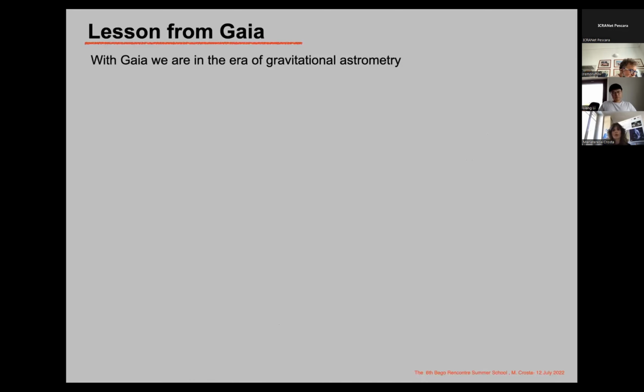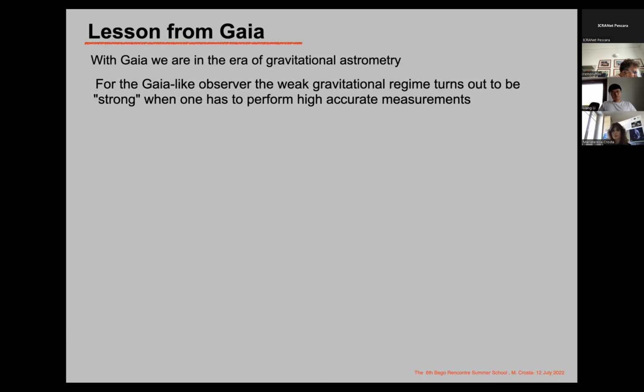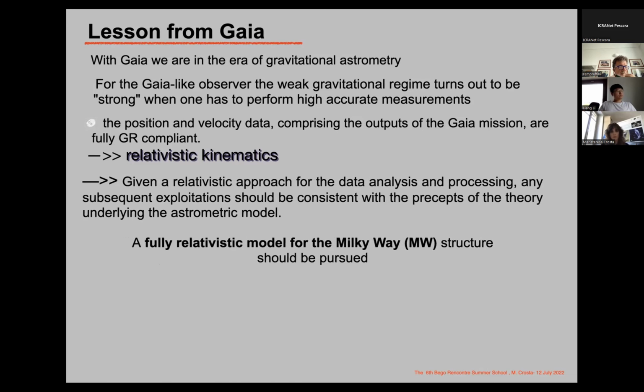So the lesson from Gaia is that with Gaia, we are in the era of gravitational astrometry. For Gaia-like observers, the weak gravitational regime turned out to be strong, especially when one has to perform accurate measurements. Gaia is delivering a relativistic kinematics, fully consistent with general relativity.